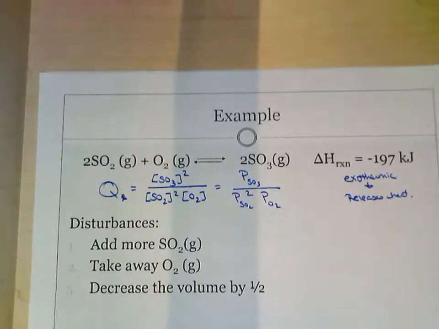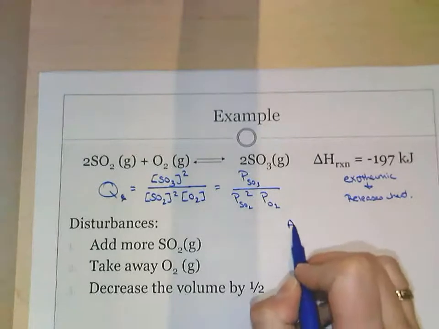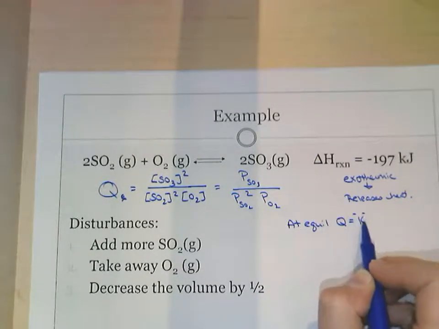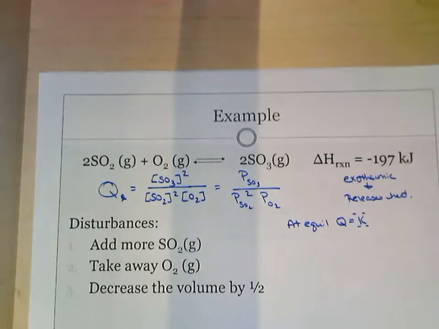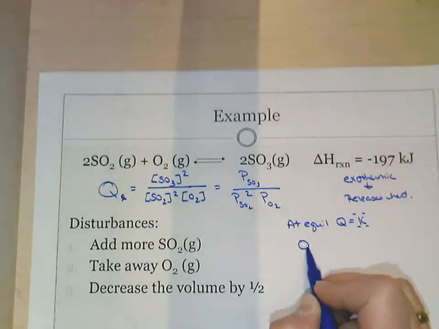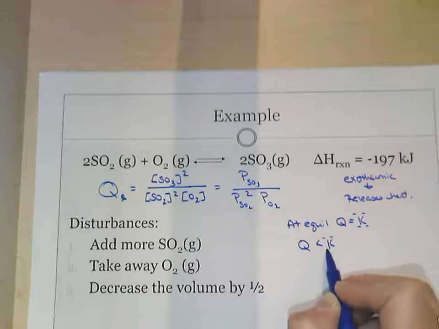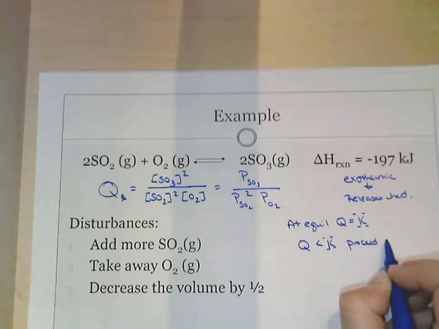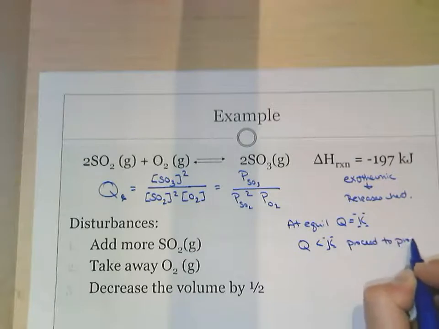So, at equilibrium, Q equals K. As a reminder, right, if Q is less than K, it'll proceed to products, or it'll shift right.